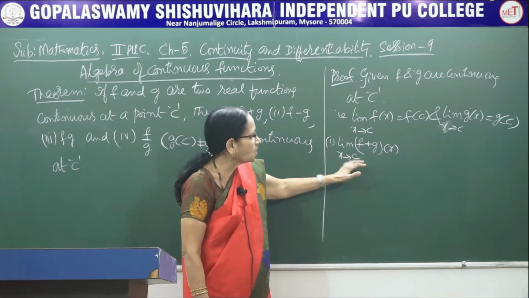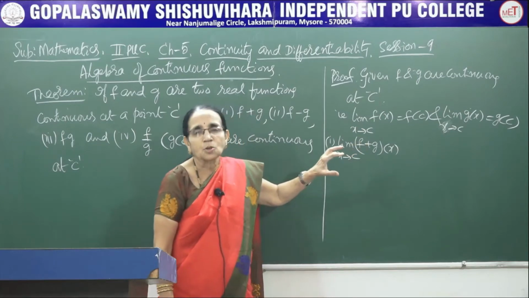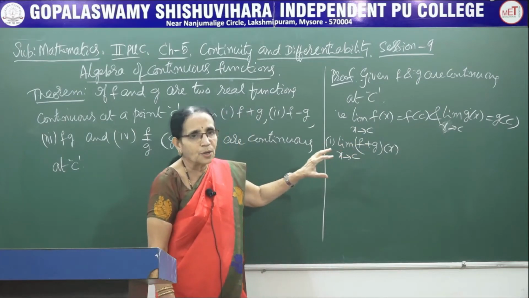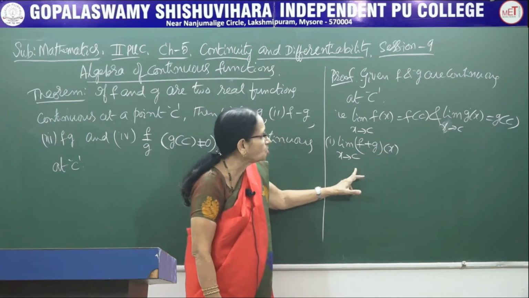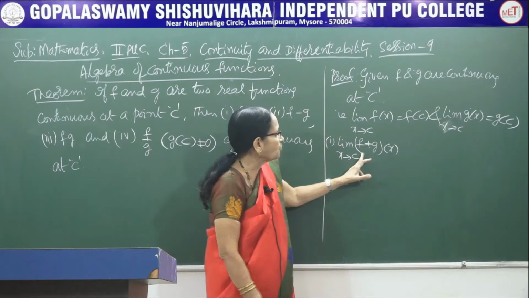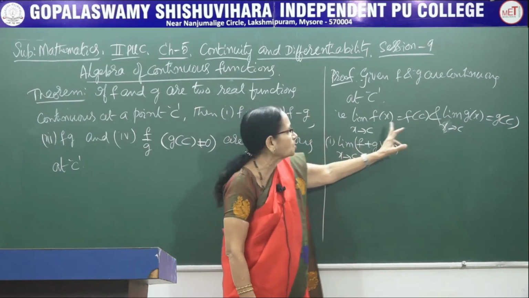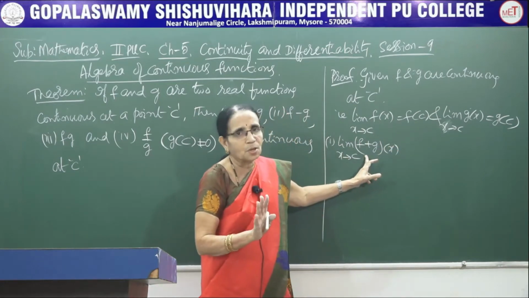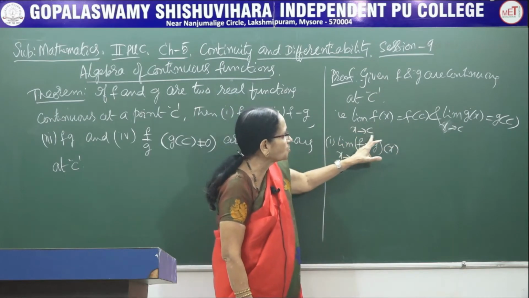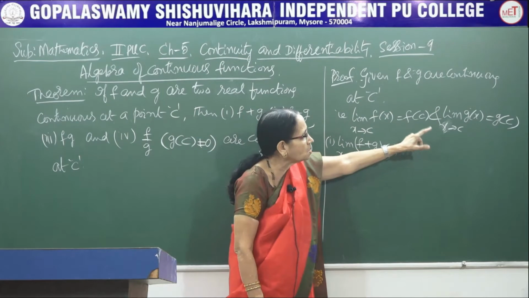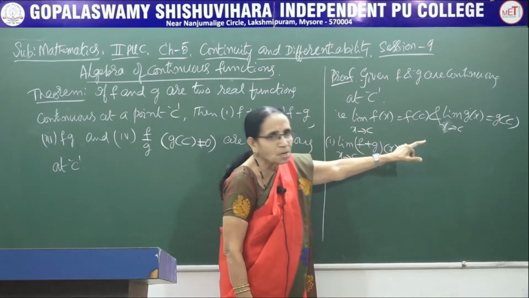Then you have to show that the limit of this one is actually equal to the value of the function, that is limit f plus g of x as x tends to c should be equal to f plus g of c, just like this one. Instead of 1, I will be having a sum of 2, that is the only difference. The same thing, look here, limit f(x) as x tends to c equal to f of c, limit g(x) as x tends to c equal to g of c.